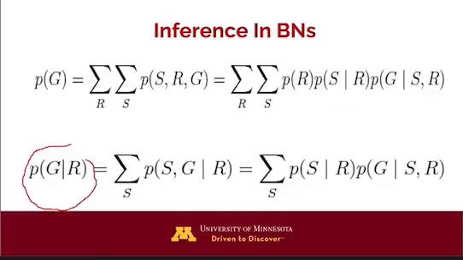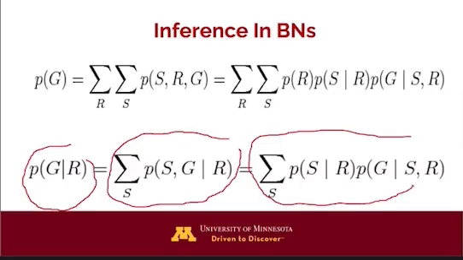I know the event of rain and when the sprinkler is activated could lead to wet grass, but I'm not interested in sprinkler right now. Then I'm going to sum over the variable I'm not interested in, and because of that, I'm going to have this.